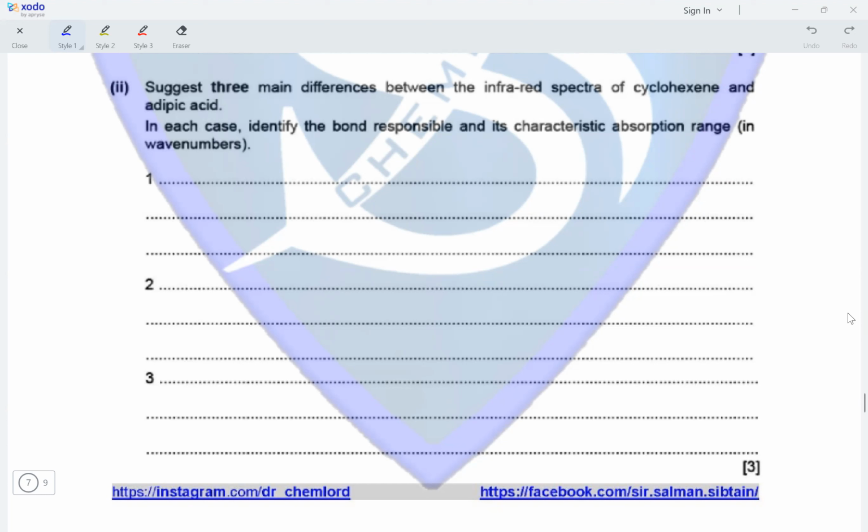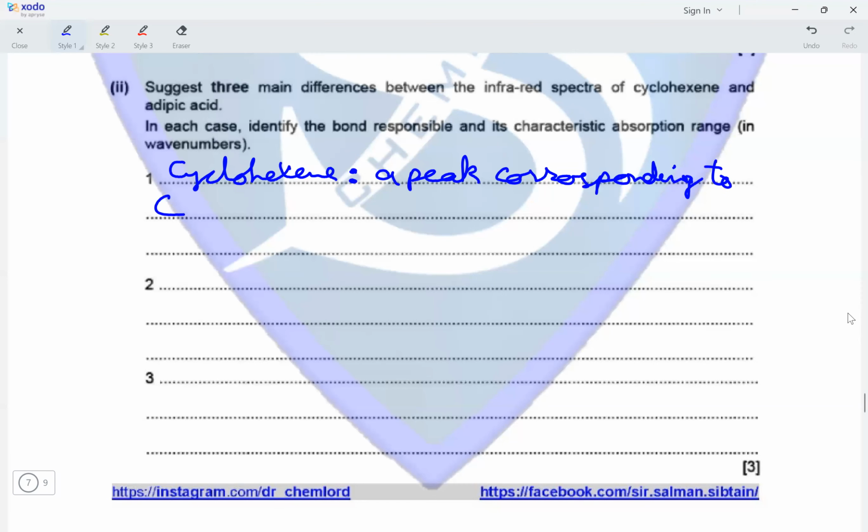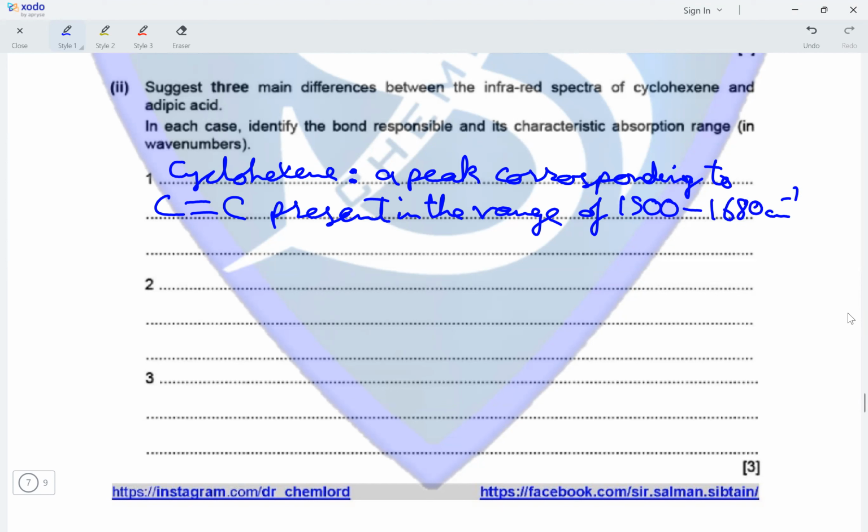So, for cyclohexene, we would have a peak corresponding to C double bond C present in the range of 1500 to 1680 wave numbers.